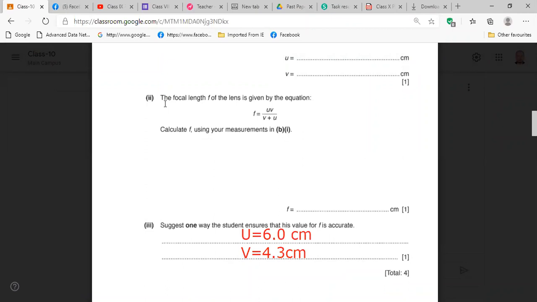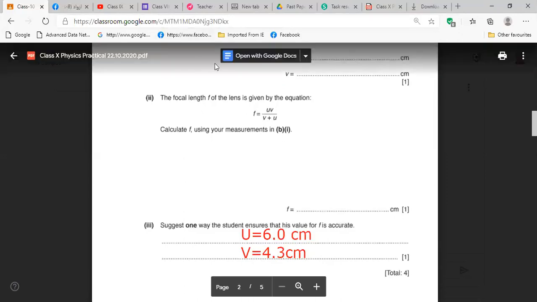Okay. What about others? You also got 2.5? Please calculate, then tell us whether your answer is coming the same or not. It's 2.5 centimeter.